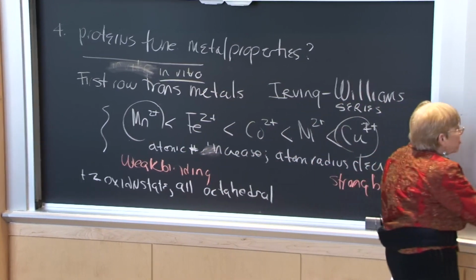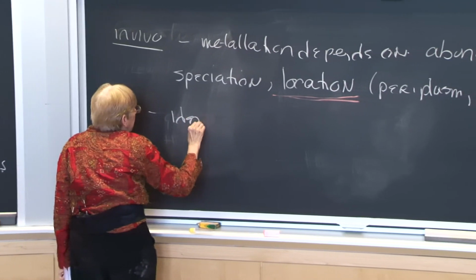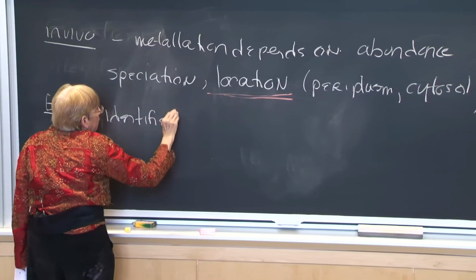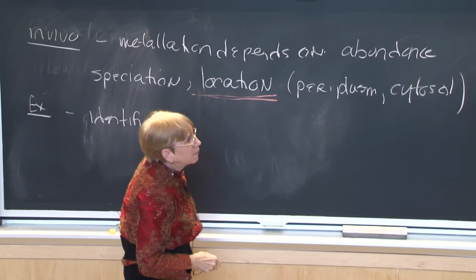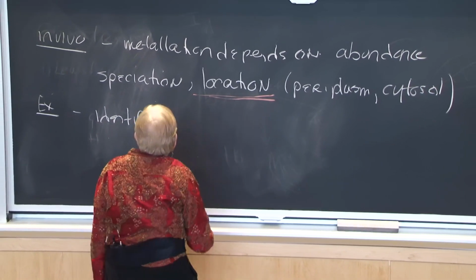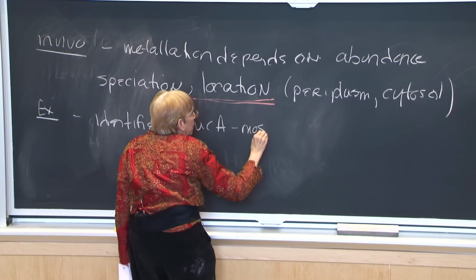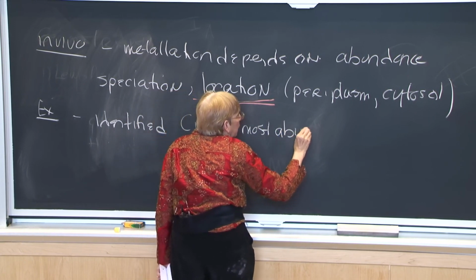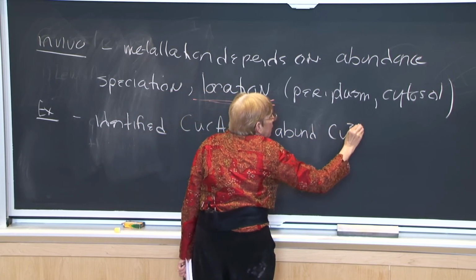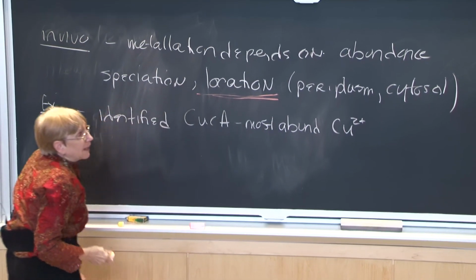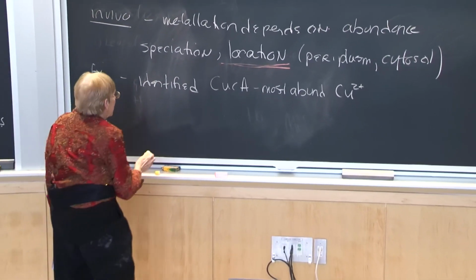So this group identified, I can never remember the acronym, CUCA is the most abundant copper 2 binder, and they identified MNCA.